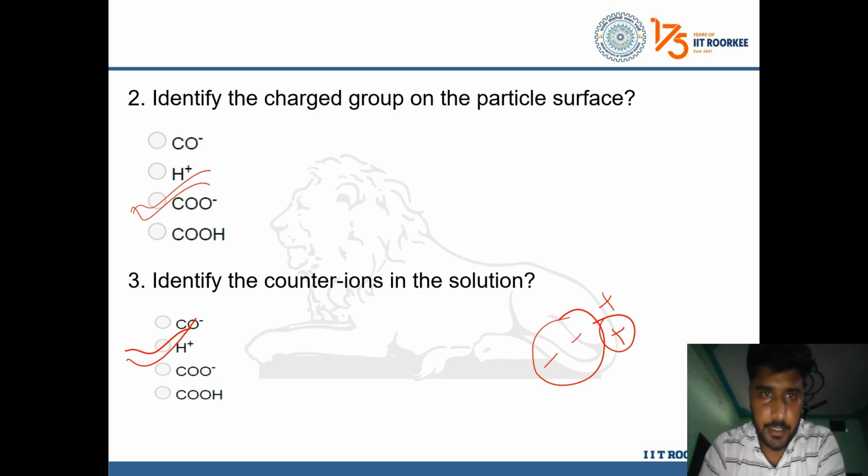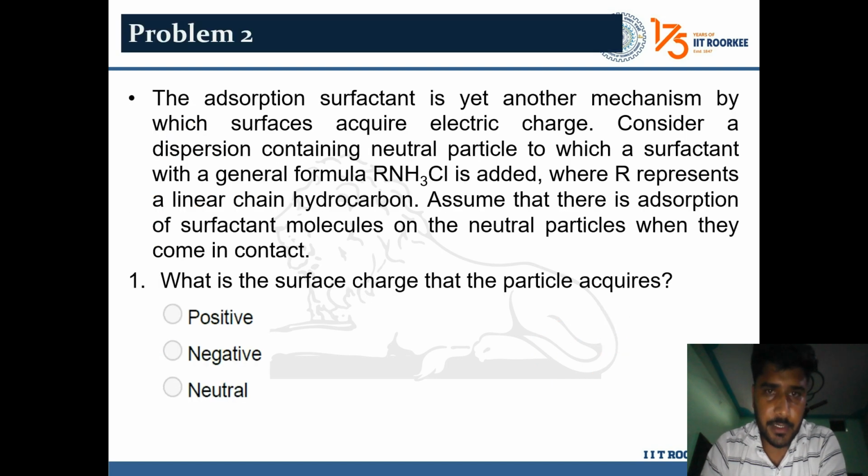And the second problem is about a surfactant. The adsorption of surfactant is yet another mechanism by which a surface acquires electrical charge. There may be several mechanisms I have already discussed. It can be the dissociation of functional groups.